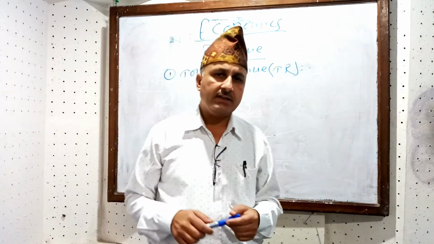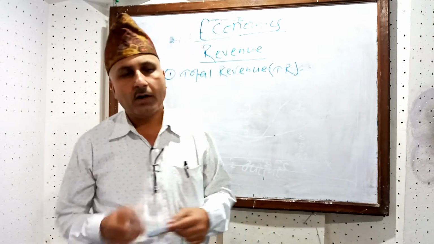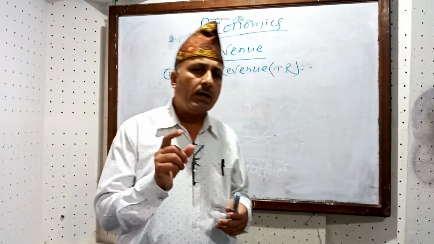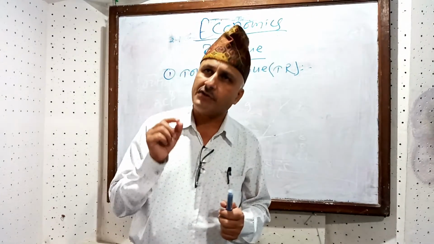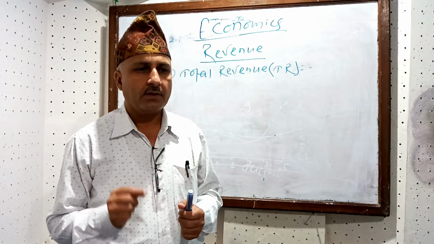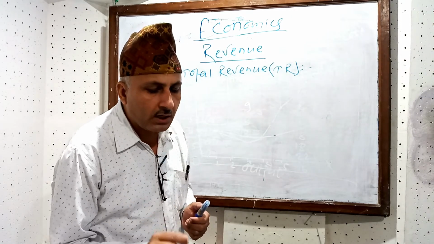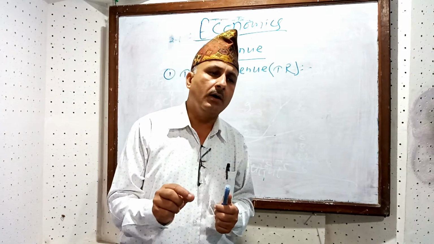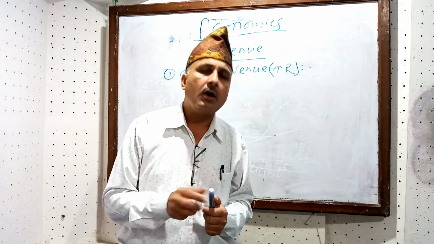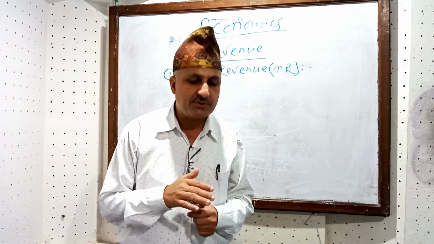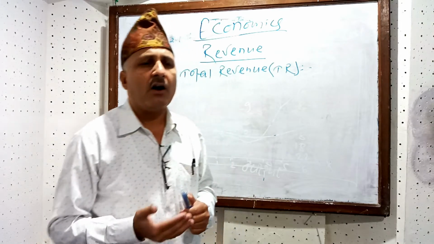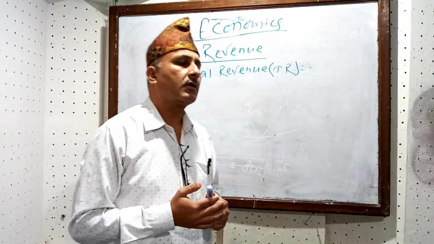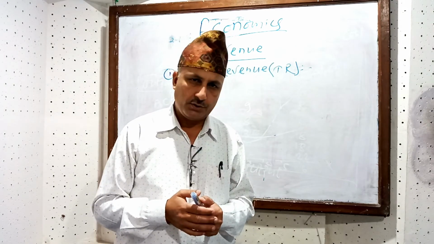Sometimes a question that carries one full mark may be asked. Total revenue is the total receipt. It is the total money that a firm or a producer or a seller receives from the sale of different units of commodity or output.